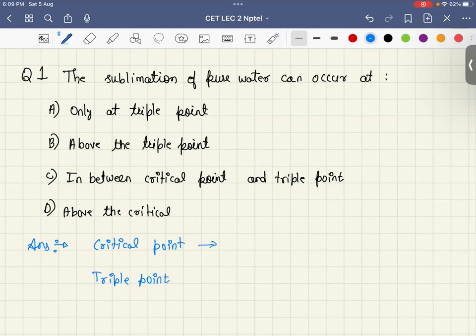Critical point is the highest point in which liquid and gas can coexist, whereas triple point is the point in which all three phases, solid, liquid, and gas, can coexist.